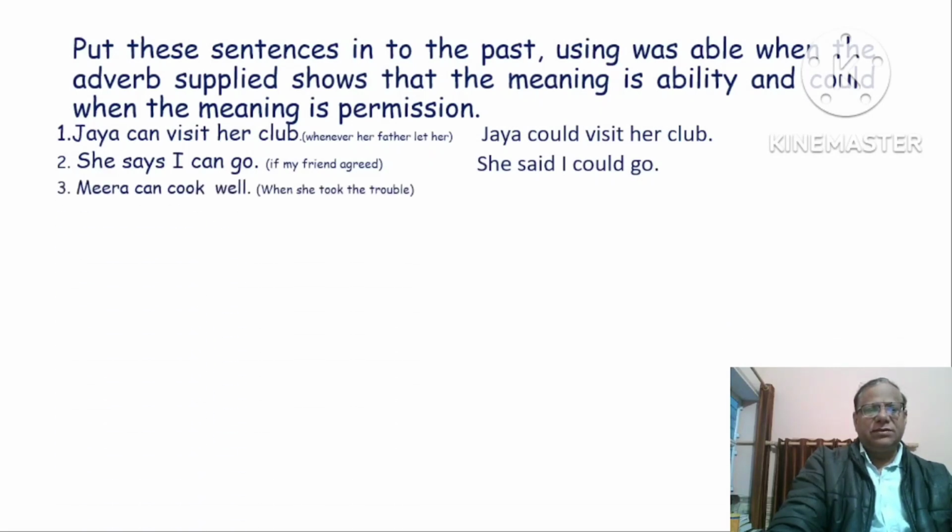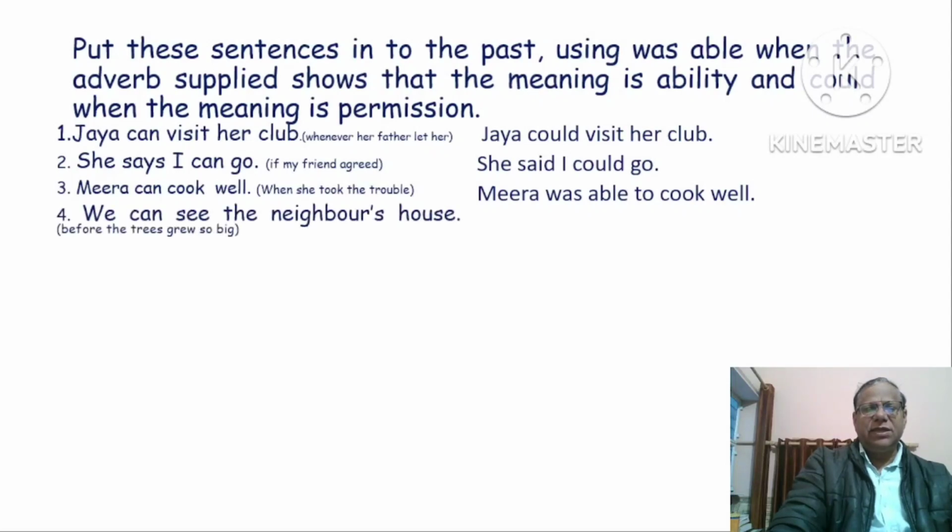Now the next. Meera can cook well. Now this shows the ability when she took the trouble. So it will be changed into Meera was able to cook well. Next. We can see the neighbor's house before the trees grew so big. It also expresses the ability.